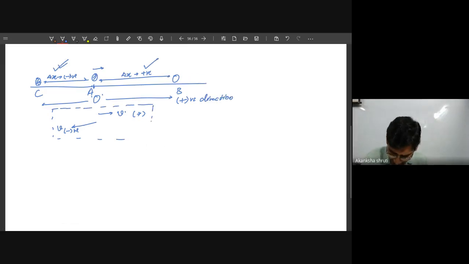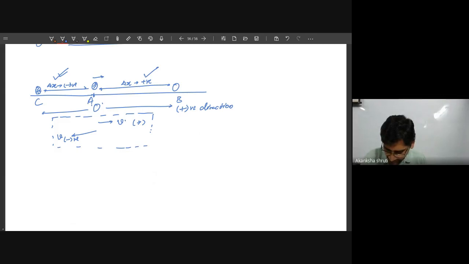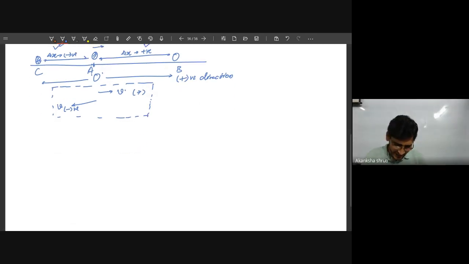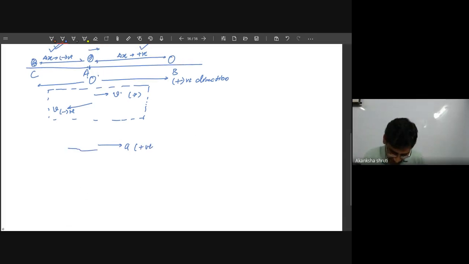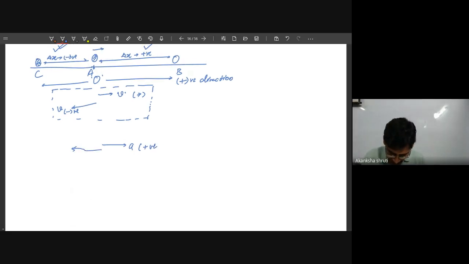So velocity may also be positive or negative, anything. Similarly, the acceleration, if the acceleration is in this direction, it is positive. If the acceleration is in this direction, acceleration is negative. Okay, student?